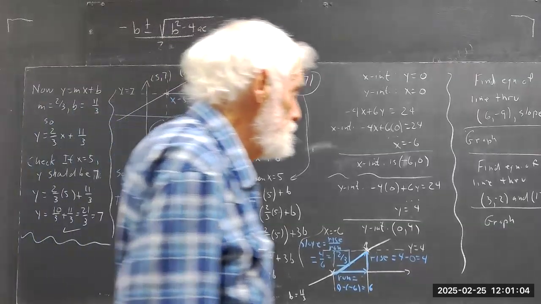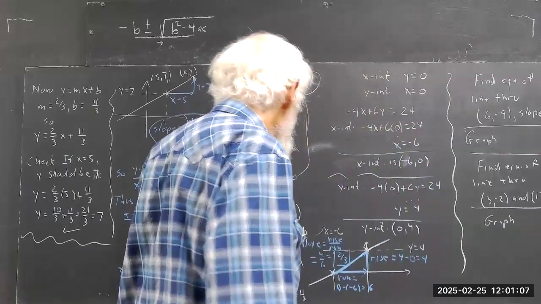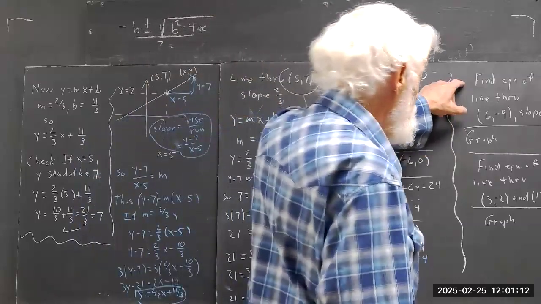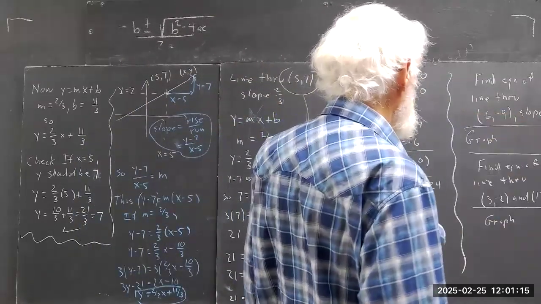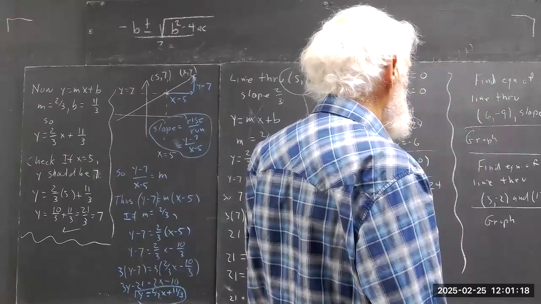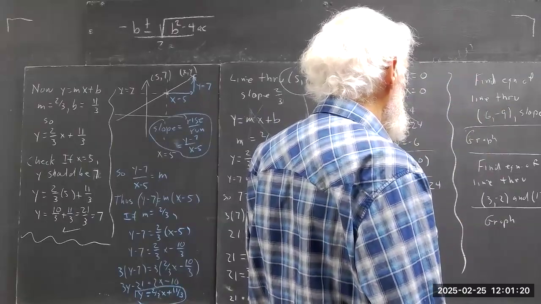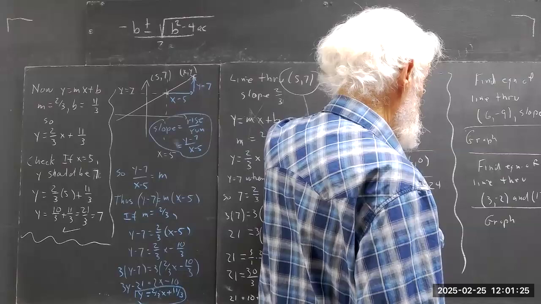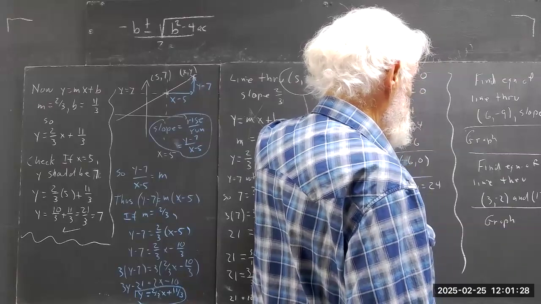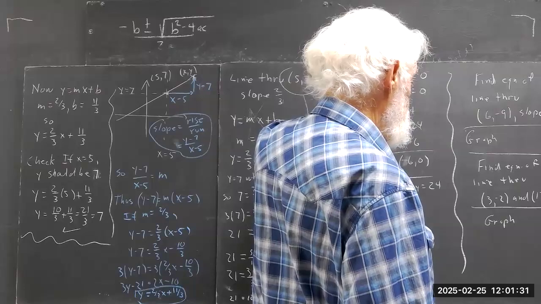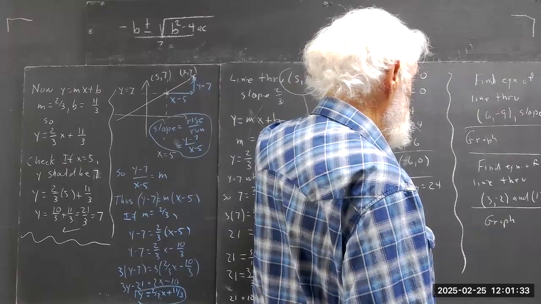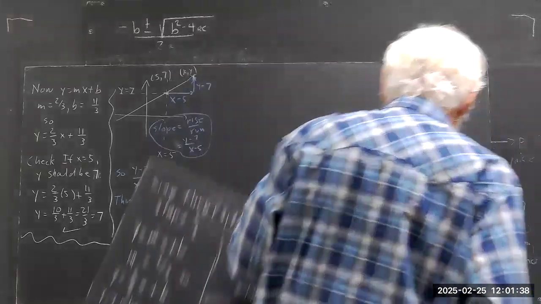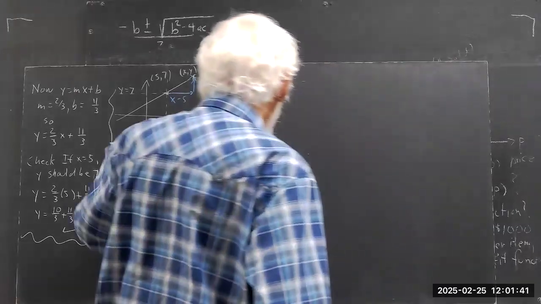Okay, well, now we want to go on to finding the equation of a line through this point with this slope. I'm not going to write out the details of that, because the details are exactly the same as we saw here.